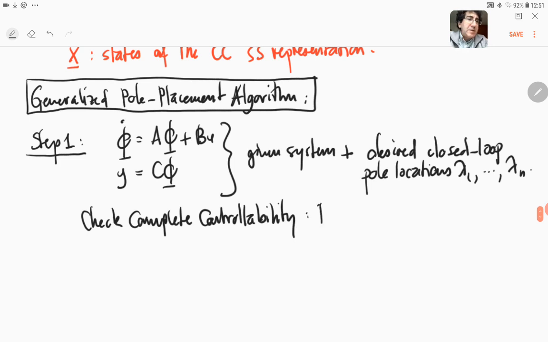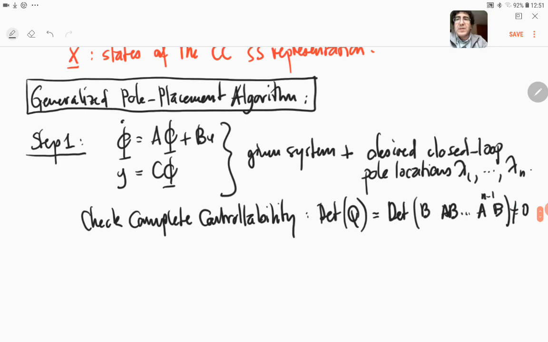That means the determinant of Q, which is equal to the determinant of the augmented matrix given by B, AB, up to A to the n minus 1 B, has to be different from 0. It has to be full rank.